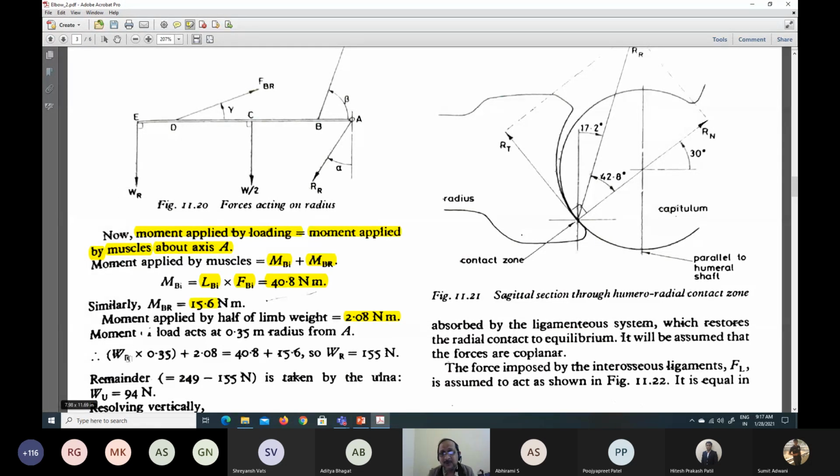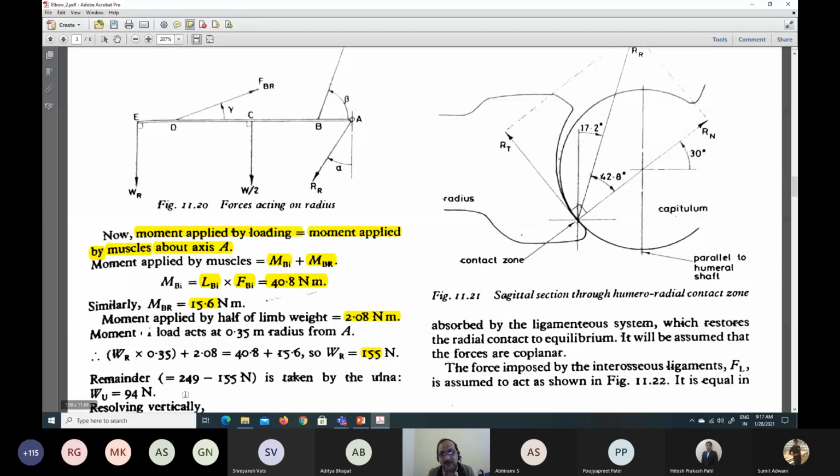So WR multiplied by the distance at which it is acting, that is given 0.35, plus the moment created by the limb weight will be equal to the moment applied by the muscles about the joint axis A, from which we can calculate the weight carried by the radius bone, which is 155 Newton.